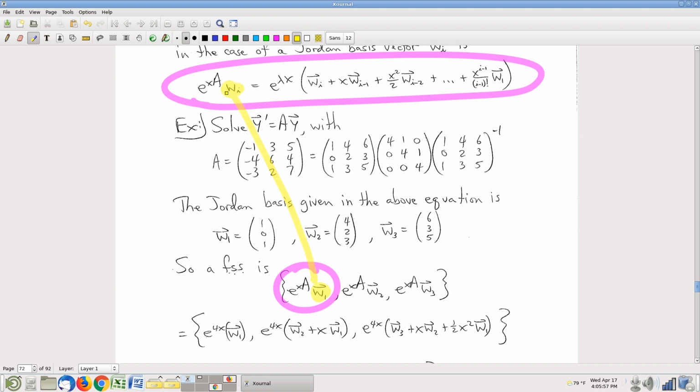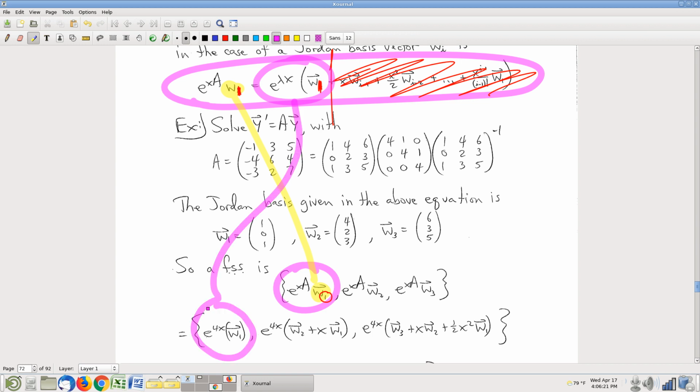Applying this to W1, keep in mind you stop when you get to the eigenvector. This being W1, that's a 1, which means that's a 1, which is the eigenvector, so we stop and the rest of this goes away, and this turns into just that.